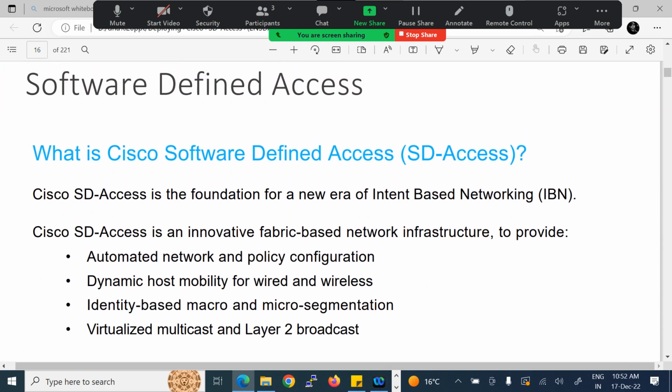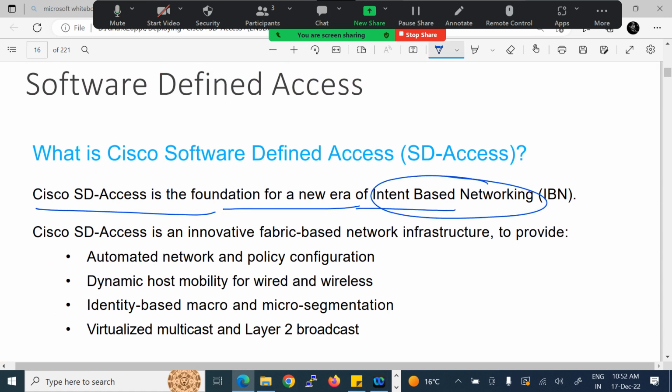So what is Cisco software defined access? Cisco SDAccess is the foundation for a new era of intent-based networking. Cisco SDAccess is an innovative fabric-based network infrastructure to provide automated network and policy configuration, dynamic host mobility for wired and wireless. Again, we'll have to discuss all of these terms.